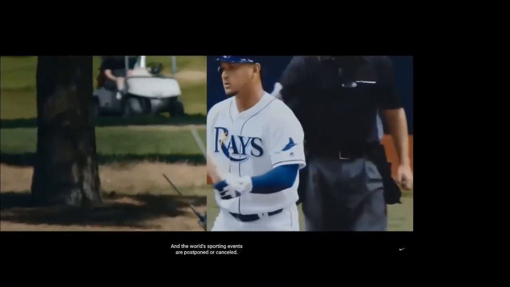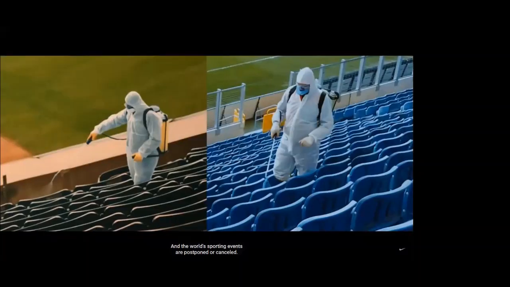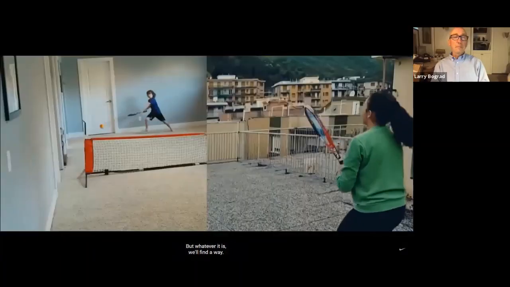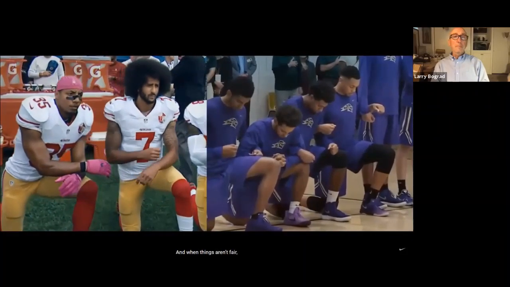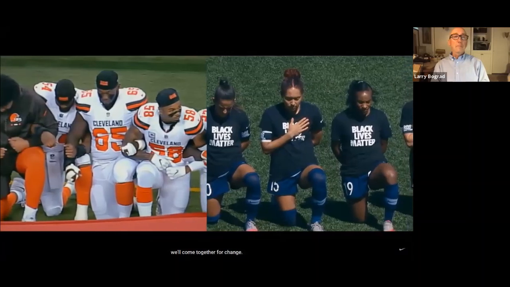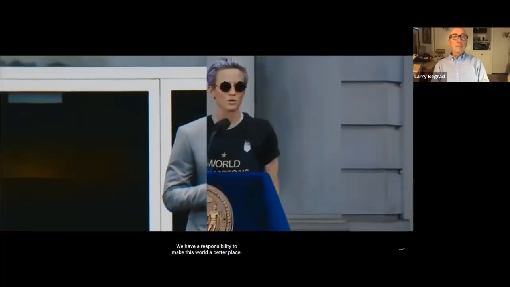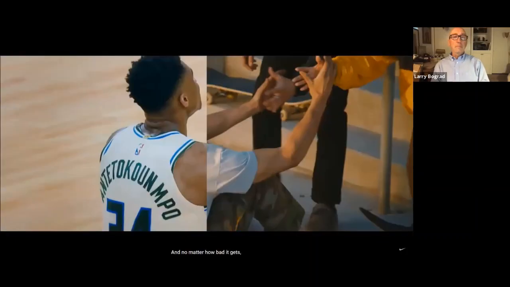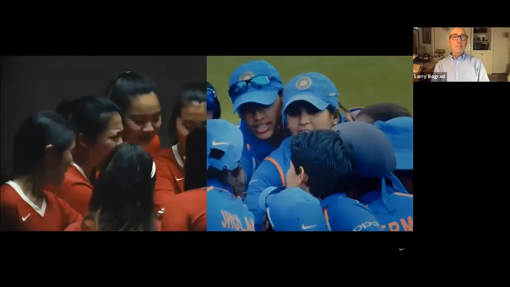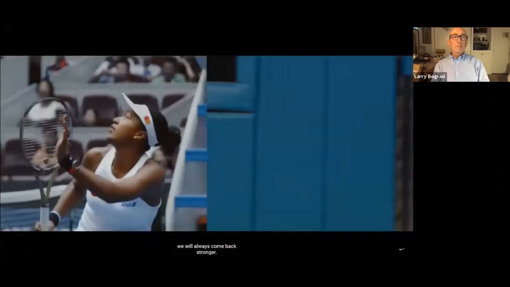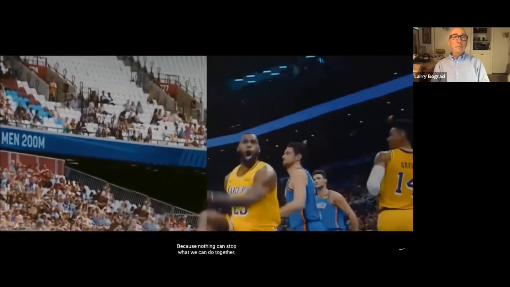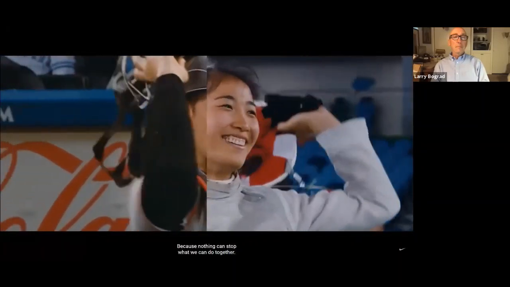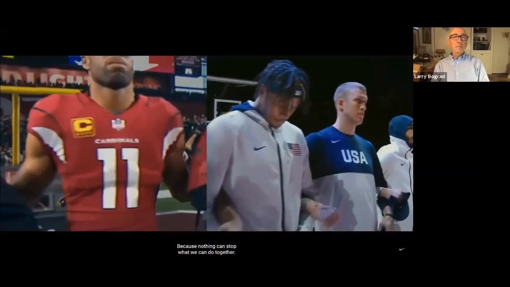And the world's sporting events are postponed or cancelled. But whatever it is, we'll find a way. And when things aren't fair, we'll come together for change. We have a responsibility to make this world a better place. And no matter how bad it gets, we will always come back stronger. Because nothing can stop what we can do together.